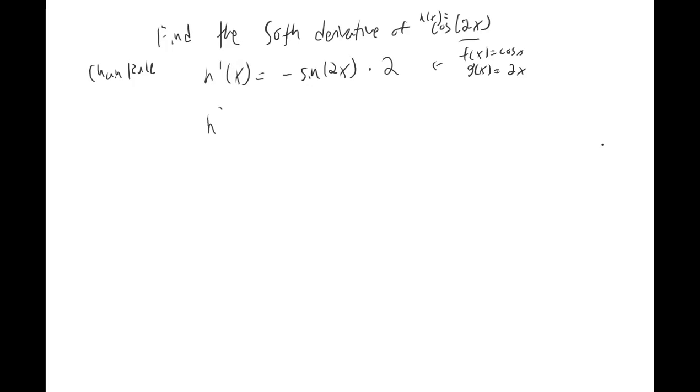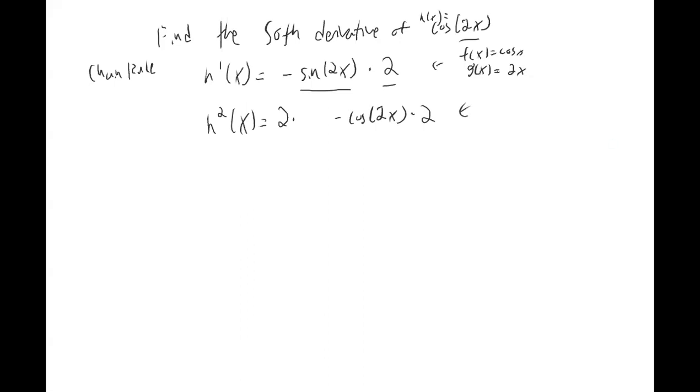Now, the second derivative. The 2 doesn't matter, the 2 just stays. So it's 2 times the derivative of this. The derivative of sine is cosine, so it's negative cosine of 2x, and then I multiply by another 2 because of the inner function.